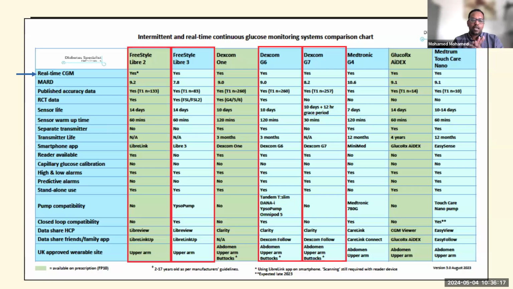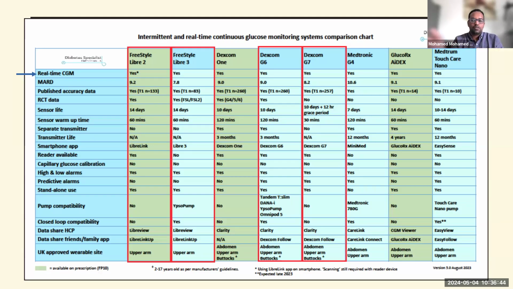The first thing is real-time CGM. So does this sensor provide continuous glucose monitoring, or is it like the flash type? And we prefer the continuous glucose monitoring, of course, because it gives us more information. As you can see, almost across the board, they all say yes, but the Freestyle Libre 2 historically wasn't that, but they have updated the technology with an application that you can add to Libre 2, and it gives you continuous readings.